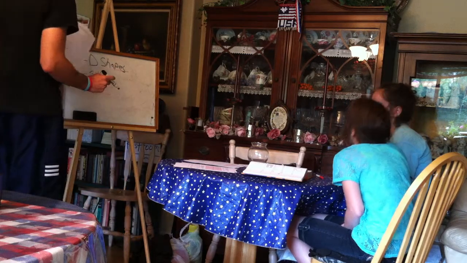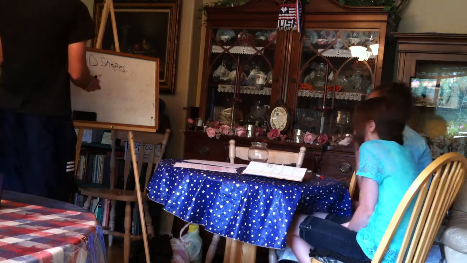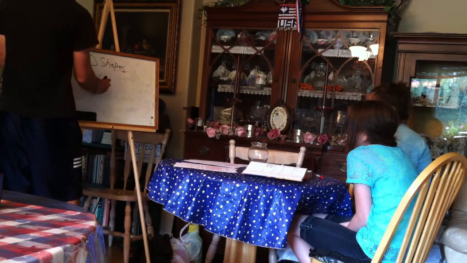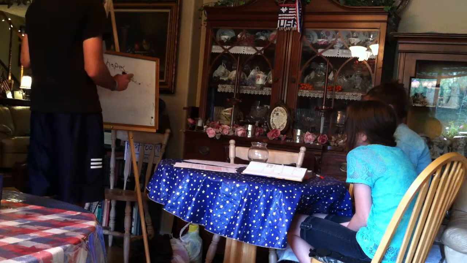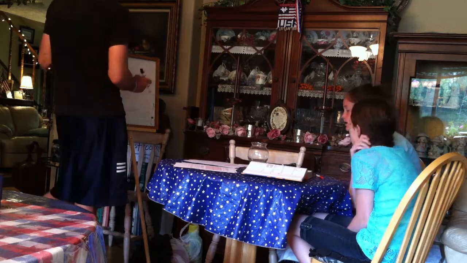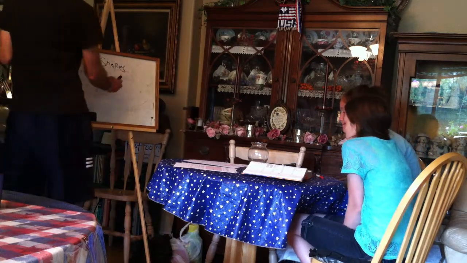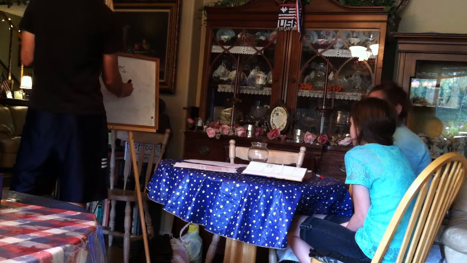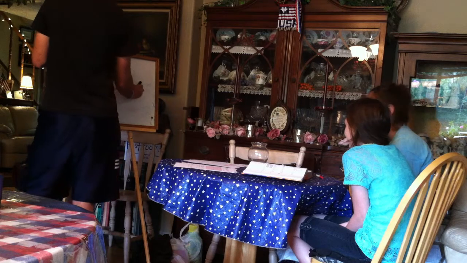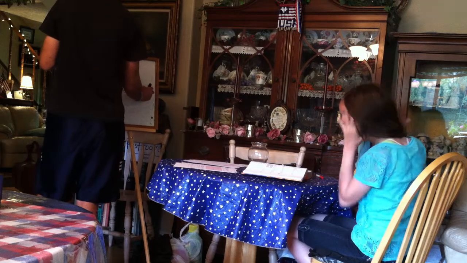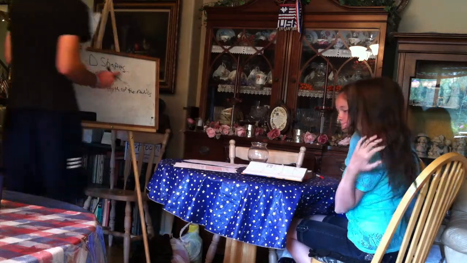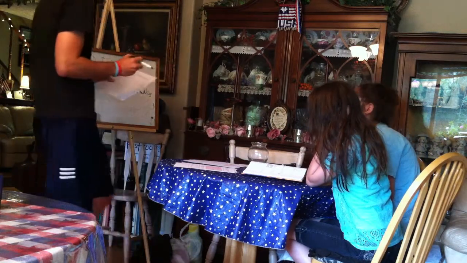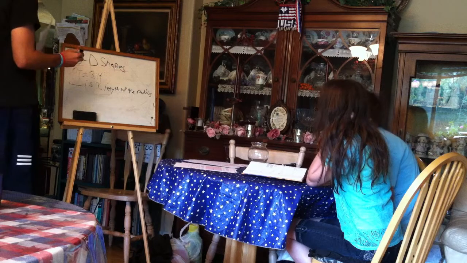Excellent. Blank is twice the length of the radius. What is twice the length of the radius? You can look back in your notes if you need to. Diameter. Excellent. And why do you say that?